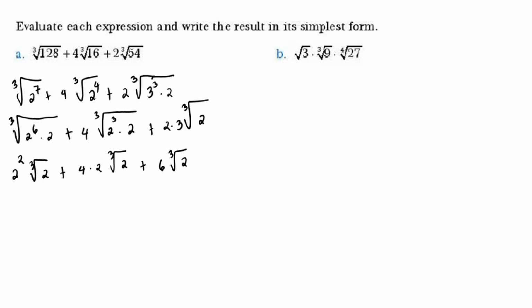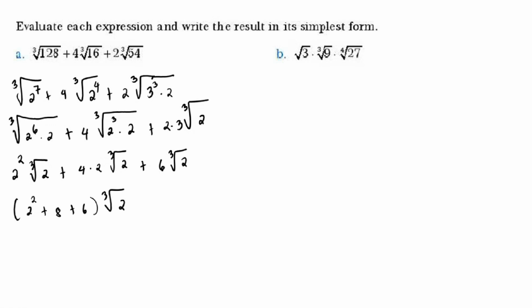As you can see, the radicands and the indices are the same. So we can now combine their coefficients. But I will simplify this first. All right, we can write now 2 squared plus 4 times 2 is 8 plus 6 of the cube root of 2.